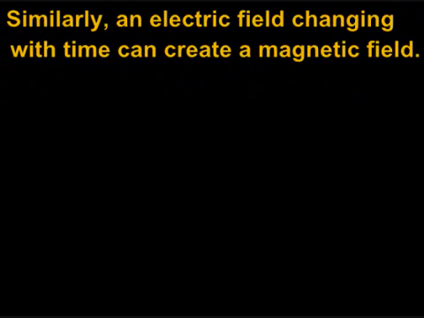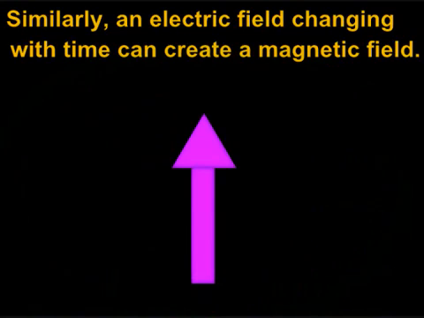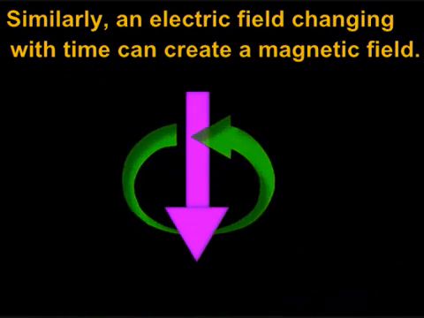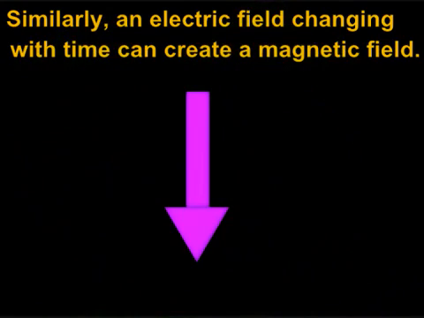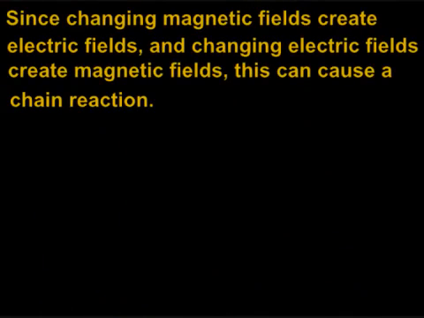Similarly, an electric field changing with time can create a magnetic field. Since changing magnetic fields create electric fields and changing electric fields create magnetic fields, this can cause a chain reaction.